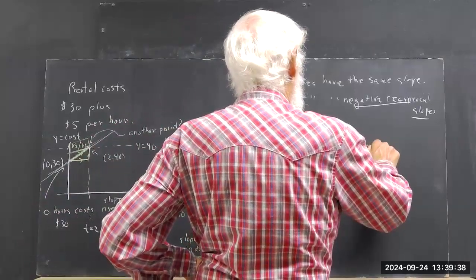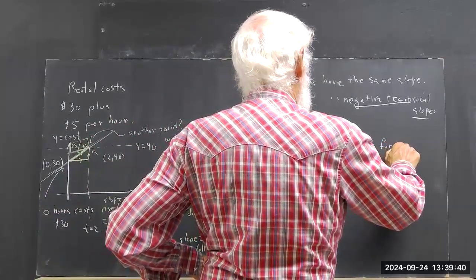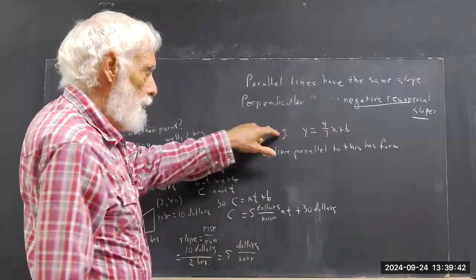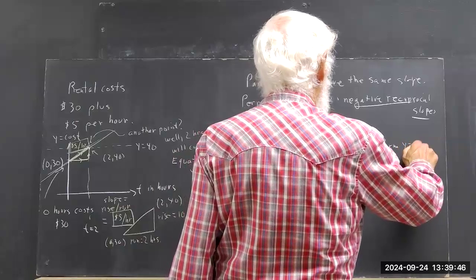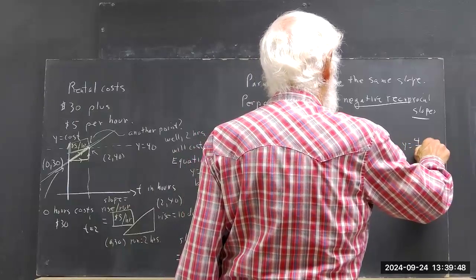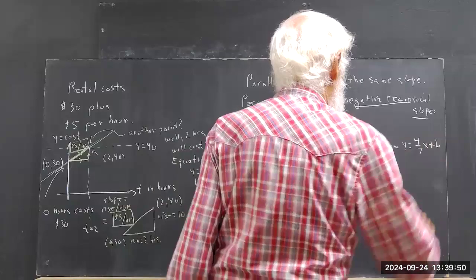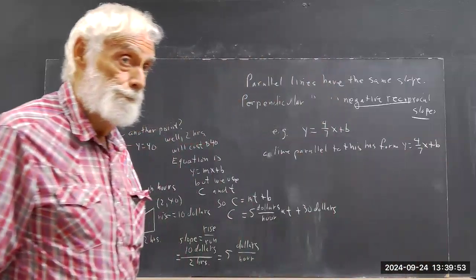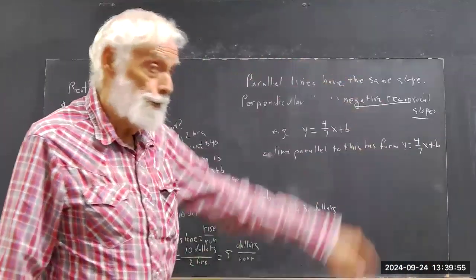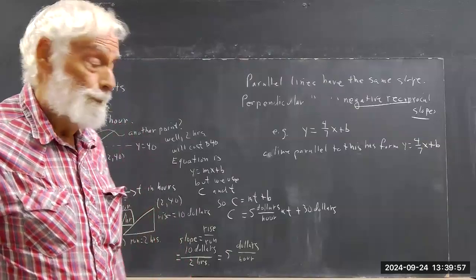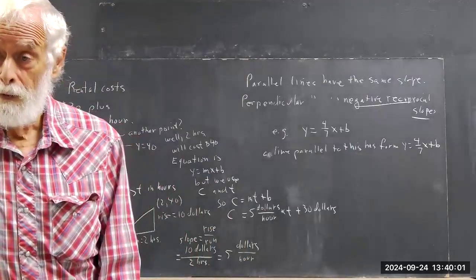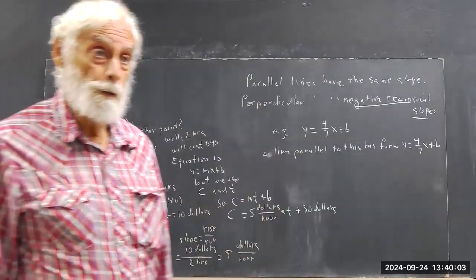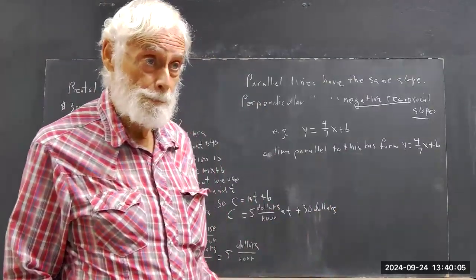A line parallel to this would have the form y equals 4/7 x plus b, because parallel lines have the same slope. If it has any slope other than 4/7 or some equivalent of 4/7, it's not parallel to this one, and the lines won't meet.